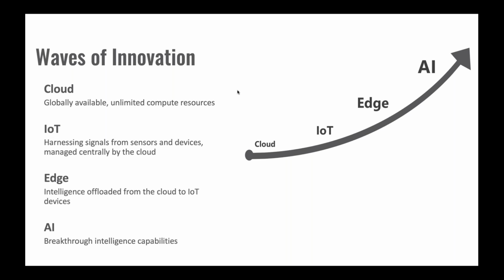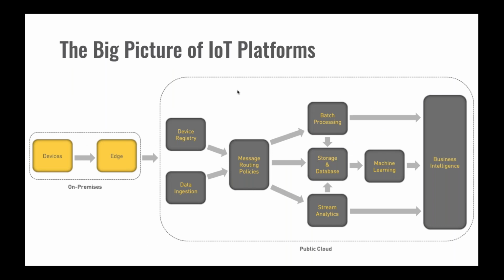These are the trends that took place in the last 4 to 5 years: cloud to IoT to edge, and now the convergence of IoT and AI right at the edge. If you look at the big picture of IoT platforms, it doesn't matter whether you're using Azure IoT or AWS IoT or even a homegrown IoT platform, they all have certain similarities and certain key building blocks.